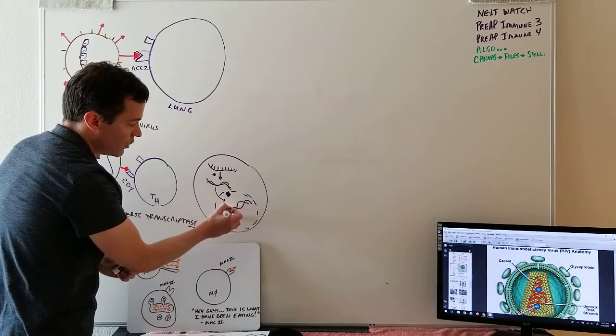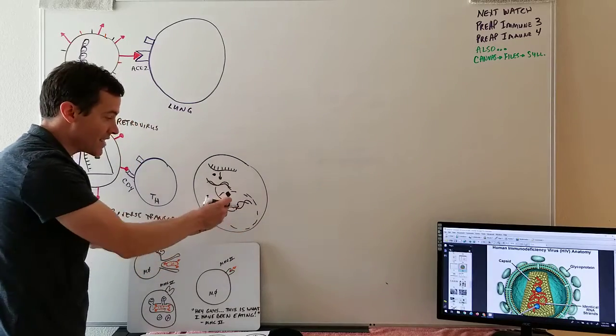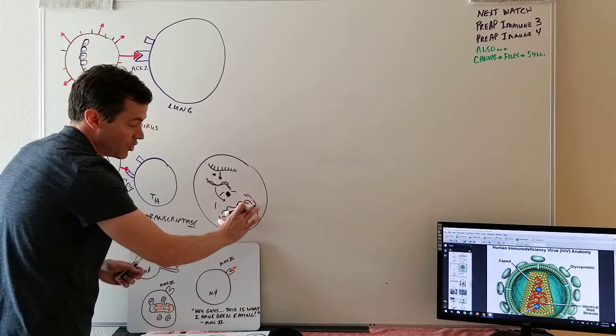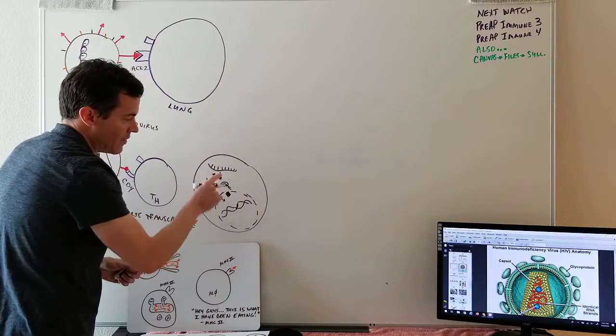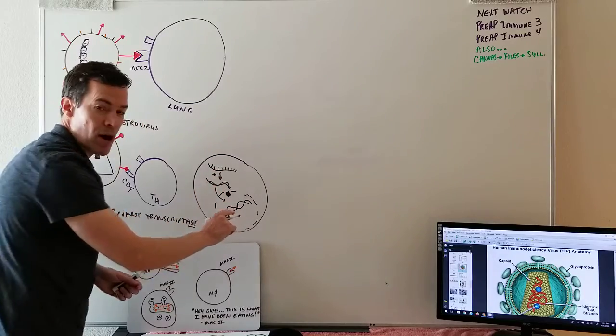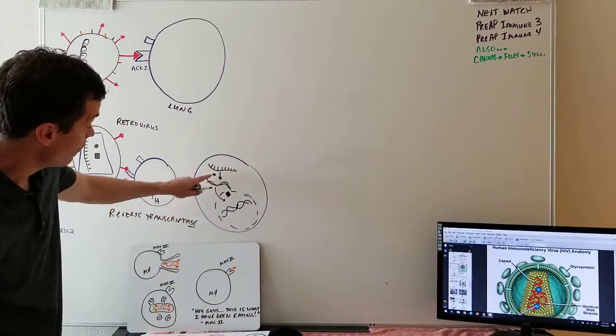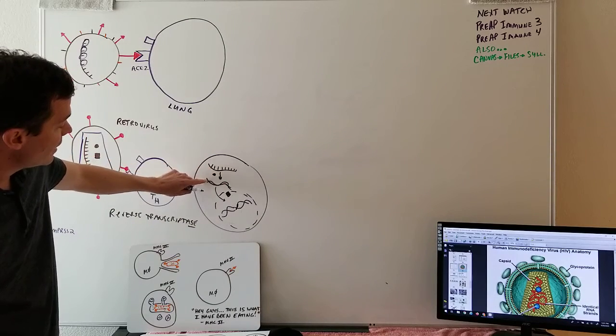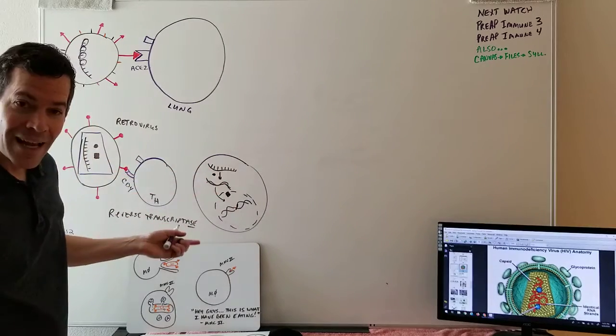Now right there, it looks like I just deleted some DNA. I didn't, I cut and added it in, so really my DNA just got a little bit bigger because I have all my original helper T cell DNA in purple, and then I have my new piece of DNA in brown. The colors might not come through, but I think you can see what happened. So reverse transcriptase does RNA to DNA, integrase shoves that in there.